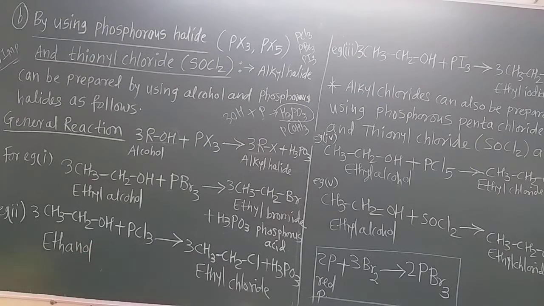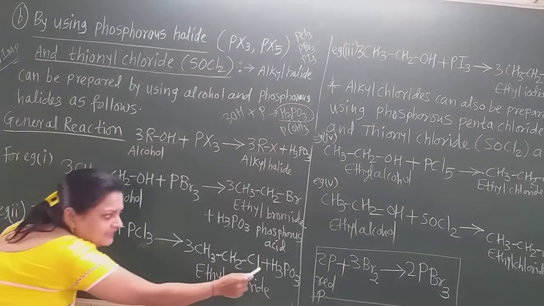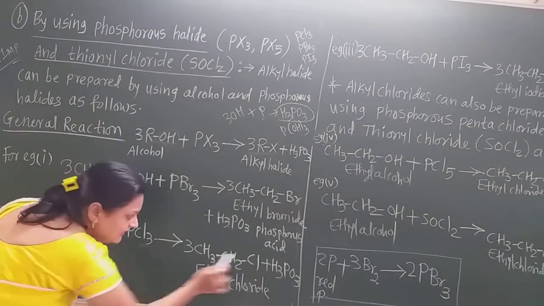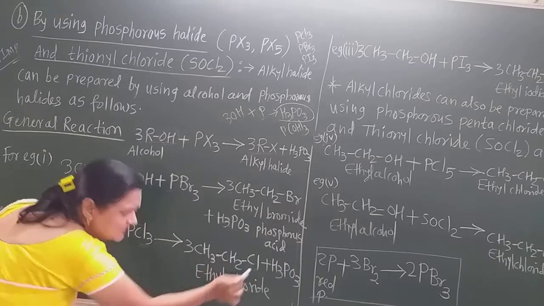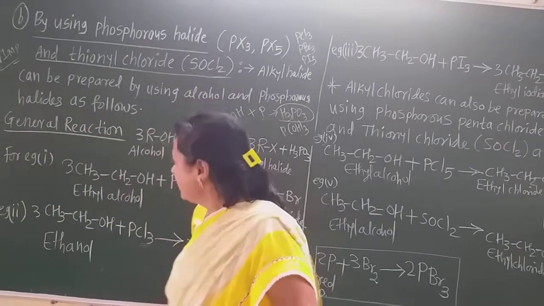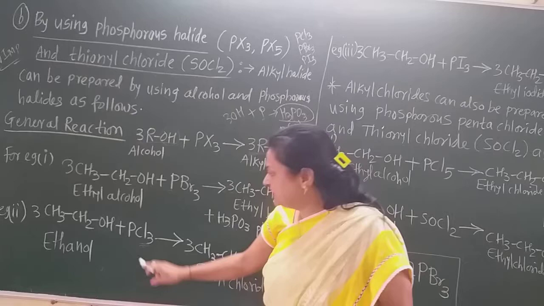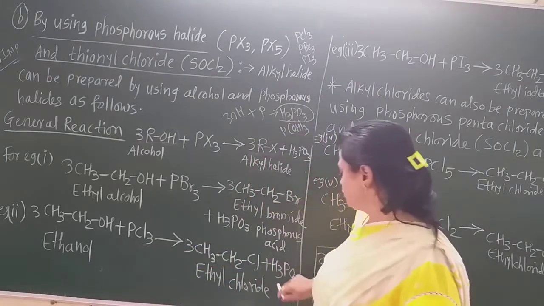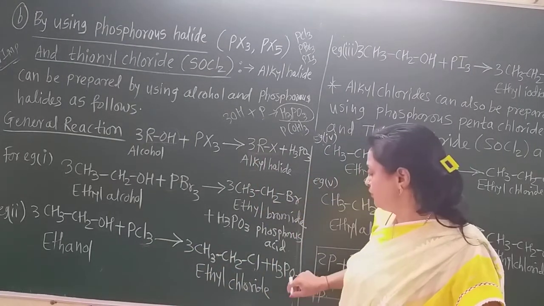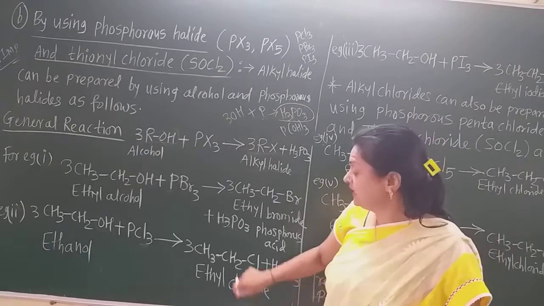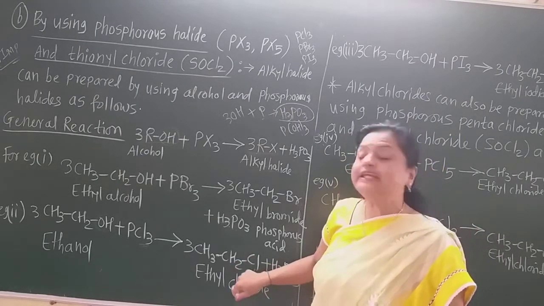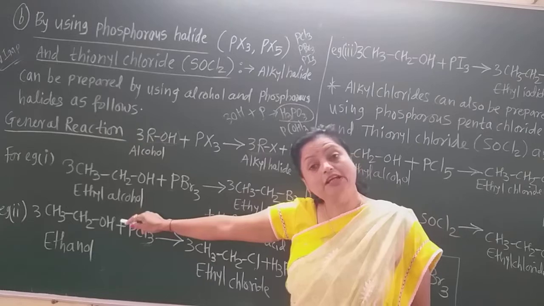Here is the same. Only these 3 OH groups are replaced by these 3 chlorines. Do not write Cl3 here. The 3 is already here. That means 3 chlorines are there. Now these 3 OH and this 1 P form here also H3PO3, that is the phosphorus acid. Give the name here also. This is ethyl chloride or chloroethane, and that is ethanol or ethyl alcohol.